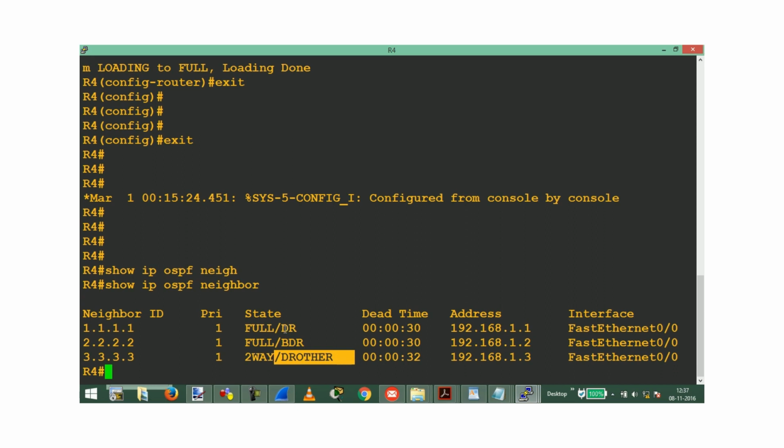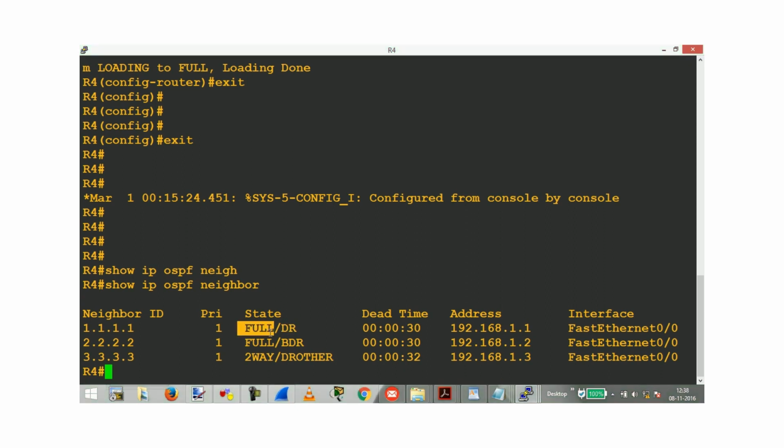And you can see one more thing: with the DR, R4 has gone up to which state? Full state. That means they have shared link information totally with each other. Full state means that whatever your database is, that same database is with me also. That means we will be making the same map of the topology because we have the same information.